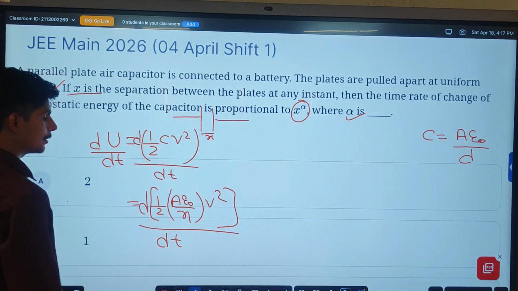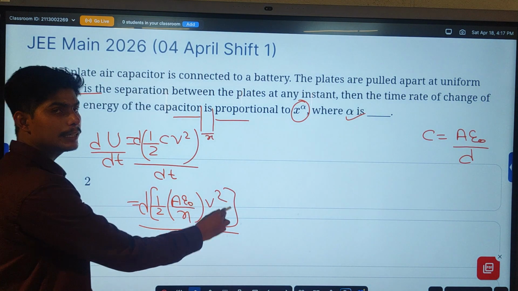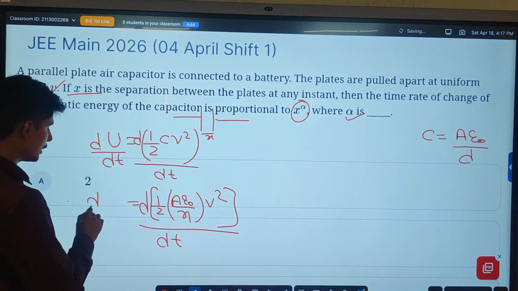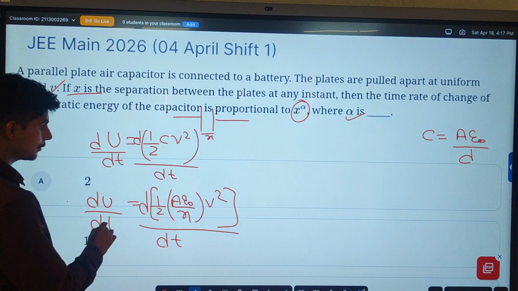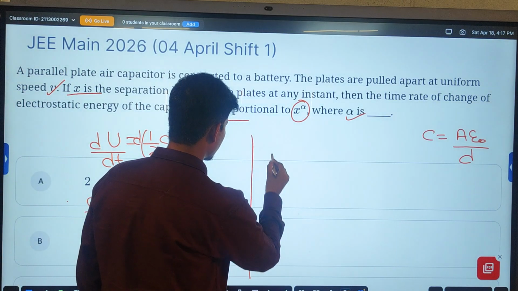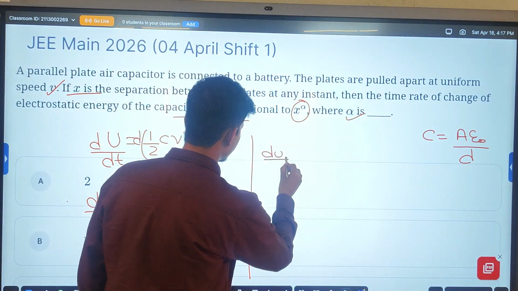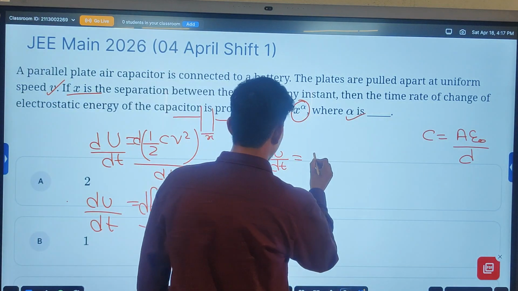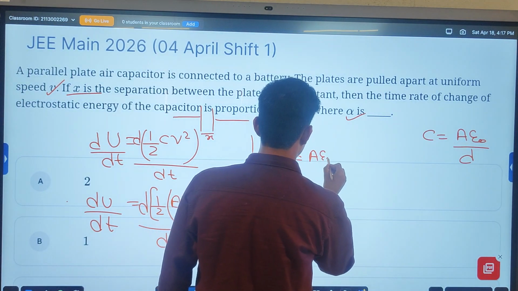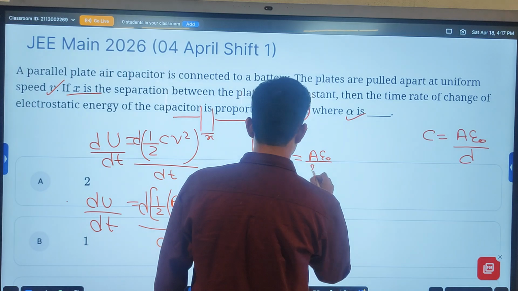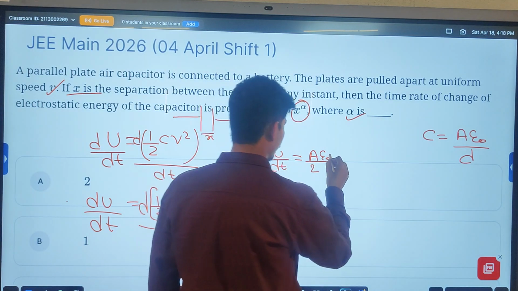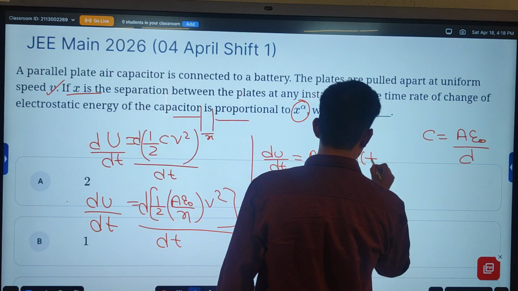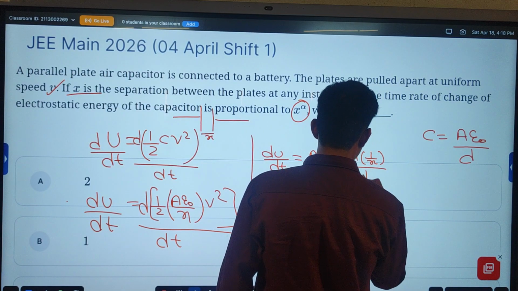A epsilon naught and the square of the potential come out of the differentiation as constants. So dU by dt can further be written as A epsilon naught V square by 2 into d by dt of 1 upon x.